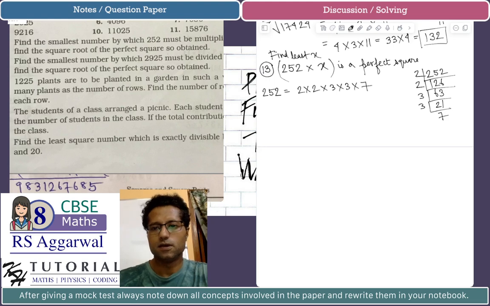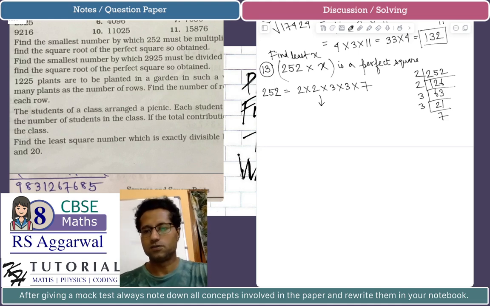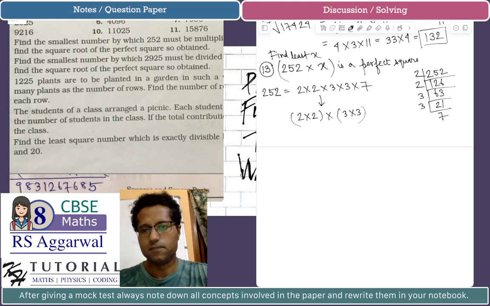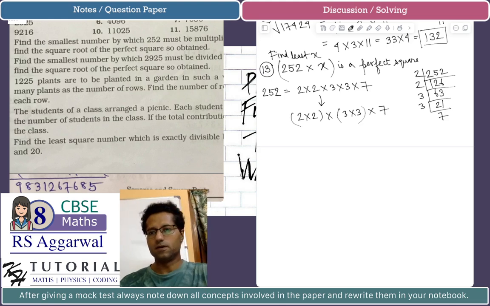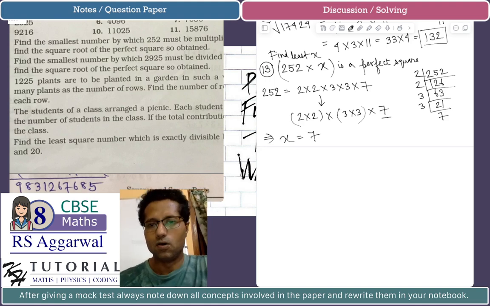So the next step is we will rearrange the prime factors as a product of pairs of equal factors. So this can be the first pair, 3 multiplied by 3 is the second pair, and 7 is left behind. So the least number, the required number, is x equal to 7.